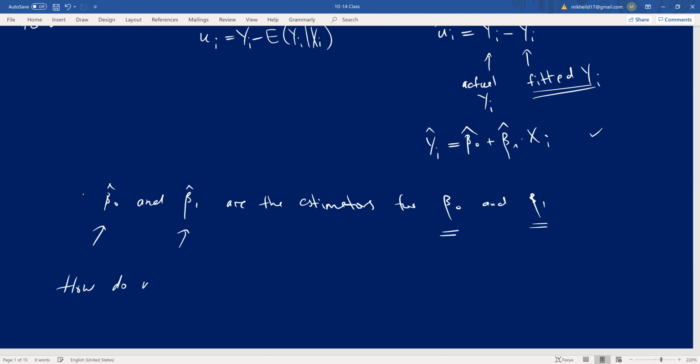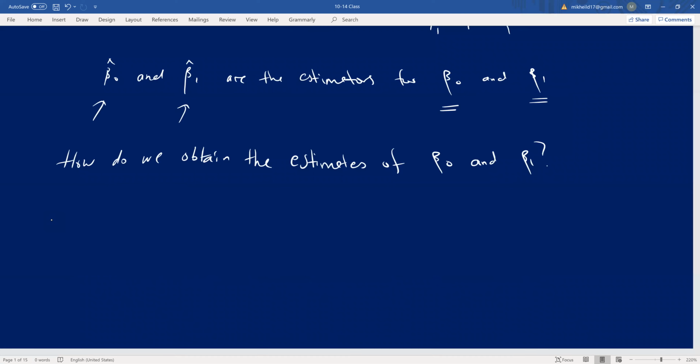OLS. Good. By the OLS estimation method.